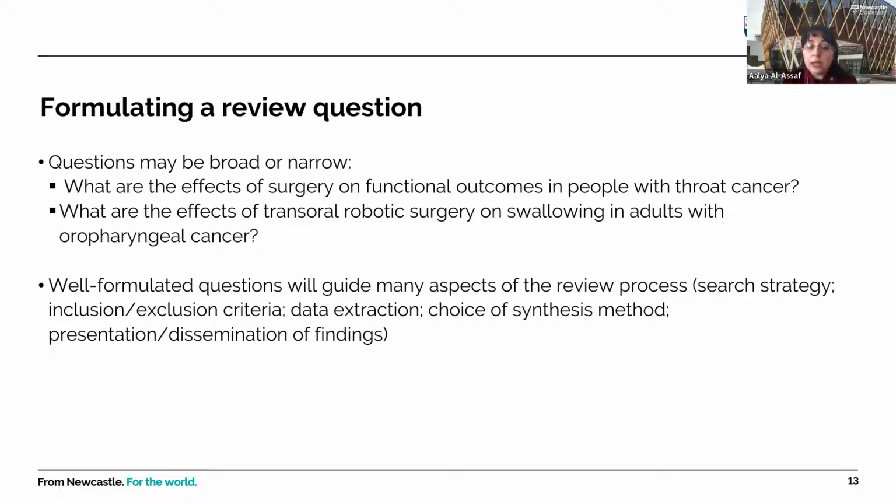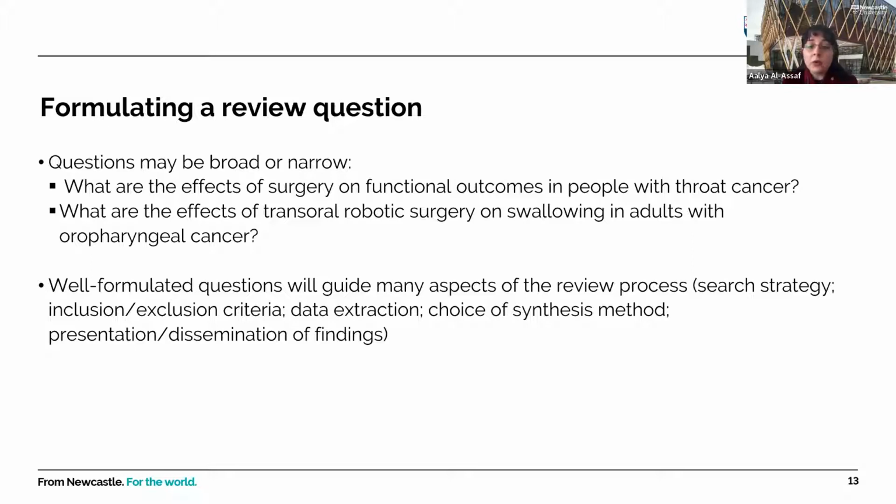That's one thing. Also, the first question tries to find the effect of surgery on functional outcome. It doesn't specify a certain type of functional outcome, whereas the second question is asking about the effect of transoral robotic surgery on swallowing. So there is a specific outcome that they want to investigate.